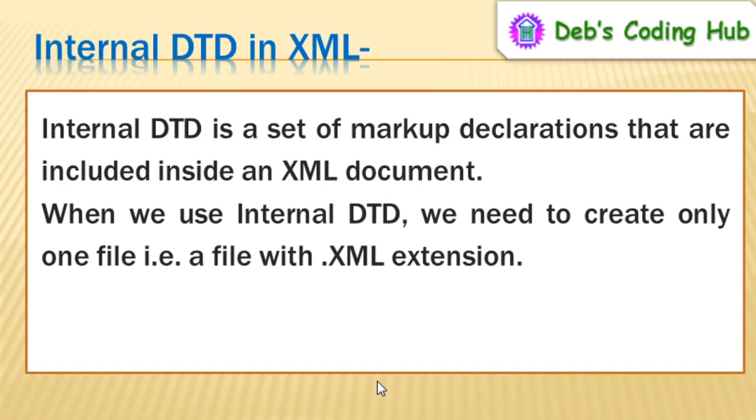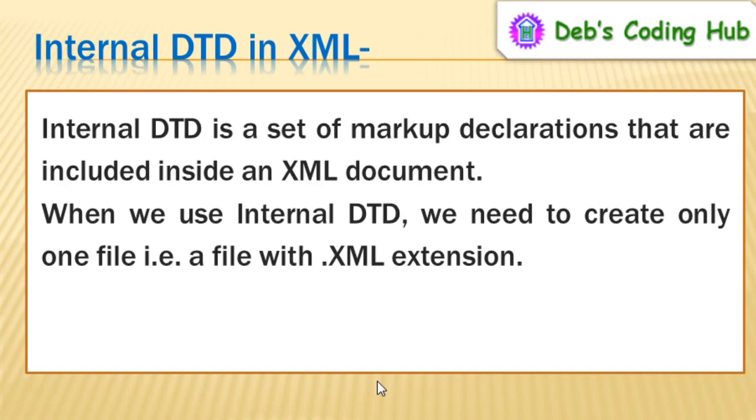When we use internal DTD, we need to create only one file, that is a file with a .xml extension. So internal DTD is included inside the .xml file or the XML document. So there is no need for creating a separate file.